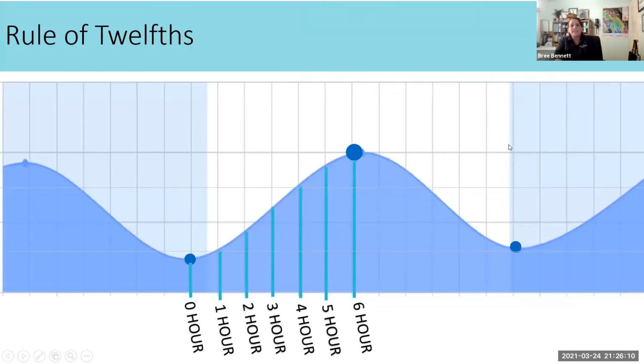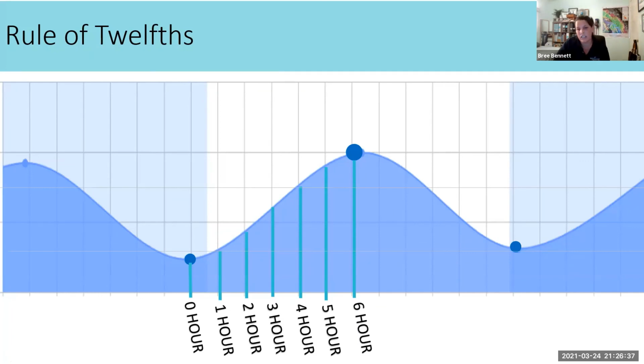The idea is that from a low tide to a high tide, back to a low tide, is going to be 6 hours. So you have a low tide, 0, and in the first hour, not much change, whereas in those middle hours, you have a lot of change, that rapid change.